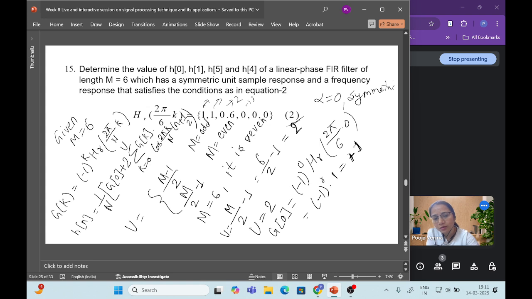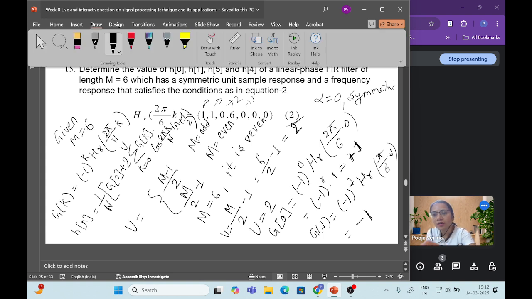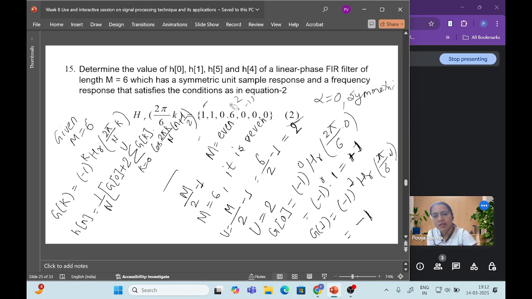Now find g of 1: minus 1 to the power 1, H_r(2π/6 into 1). At the 1 place the value is again 1, so g of 1 is minus 1.